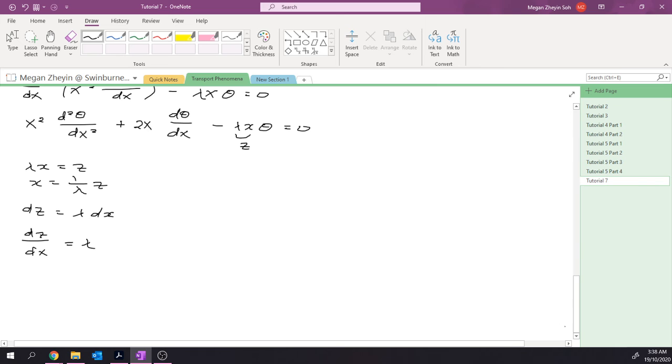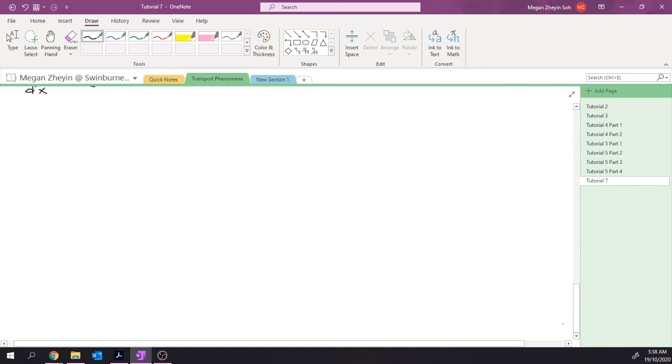We substitute it in, whereby x squared d dx multiplied by d theta dx plus 2x d theta dx minus x lambda theta equals to 0, right?